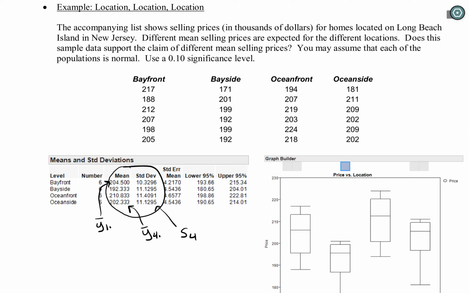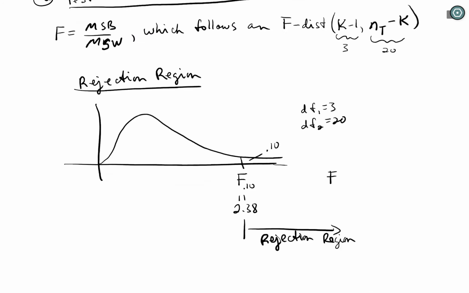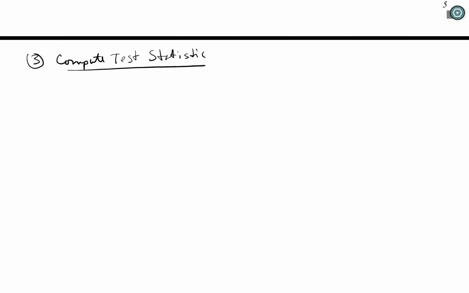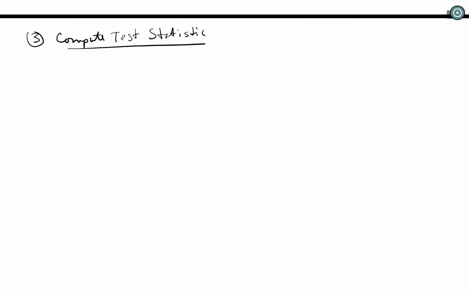Okay, so we're going to make use of those in the computation of our test statistic, because first we need our between sums of squares and the within sums of squares, and then we'll take the ratio.